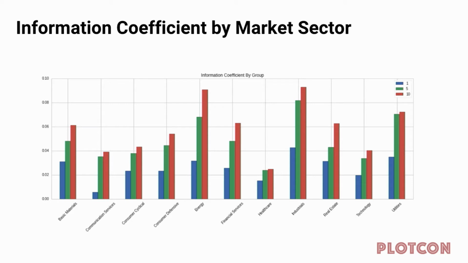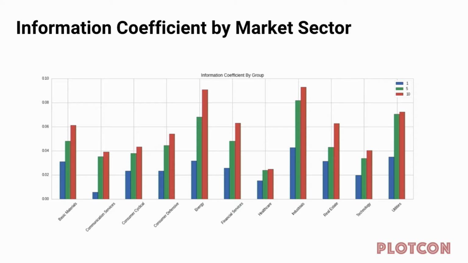I talked about market sectors. Another interesting way to subdivide your data is to ask whether this factor has more or less predictive power for certain types of stocks. Here I'm looking across 11 stock market sectors to see if this factor has power across all of these. This one does, which is awesome.